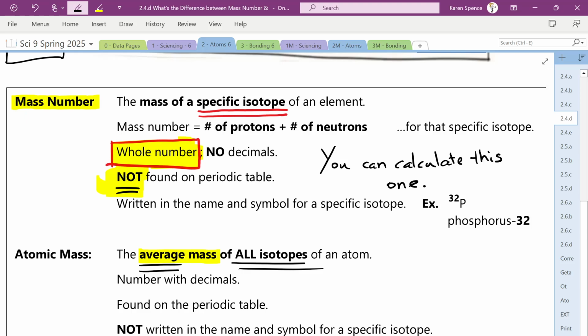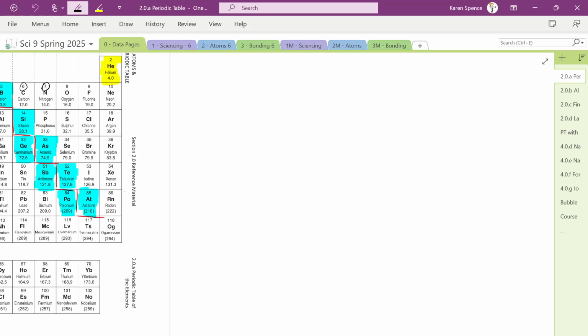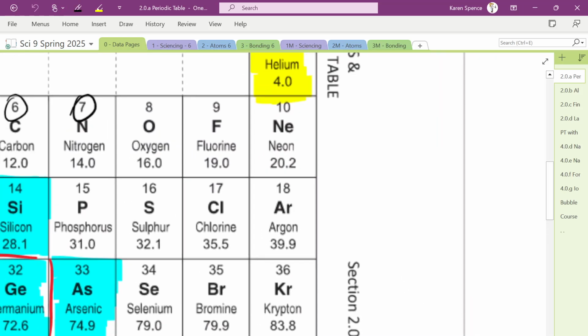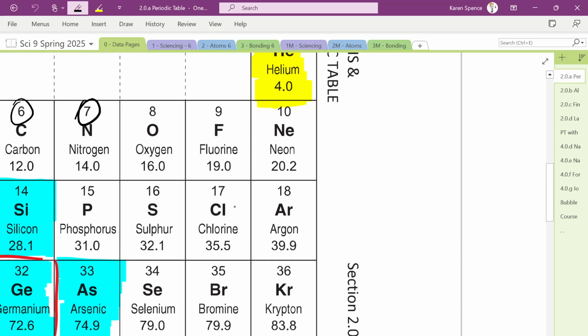So if we look on our periodic table for, say, bromine, or actually, let's say chlorine. Where's chlorine? Chlorine's a good one. Here's chlorine. That is its atomic number.